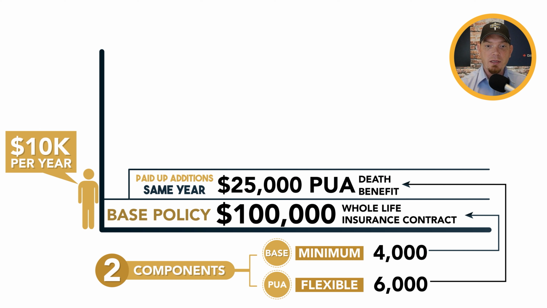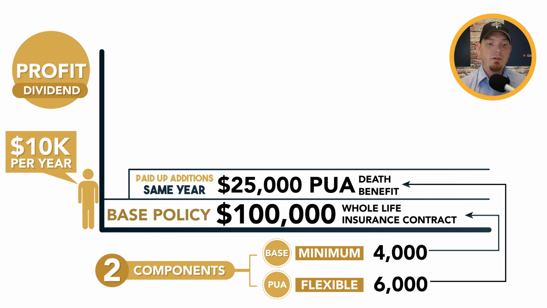Now, another really cool thing happens after this. At the end of the first year, the insurance company gets together and they gather around and they find out, hey, how did we do on all of our policies this year? And then they distribute their divisible surplus or their profits with all the owners. That's what's called a dividend. Now, that dividend that you receive, for the sake of our example, we'll keep it nice and simple. Let's just say it was $1,000.